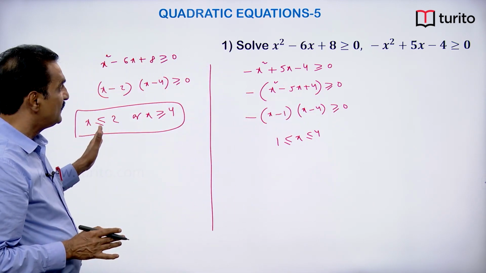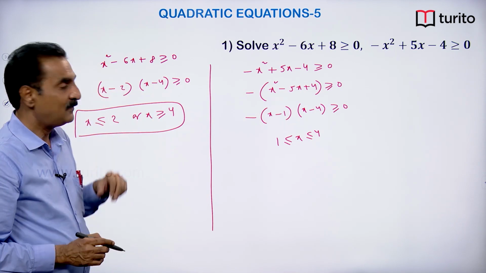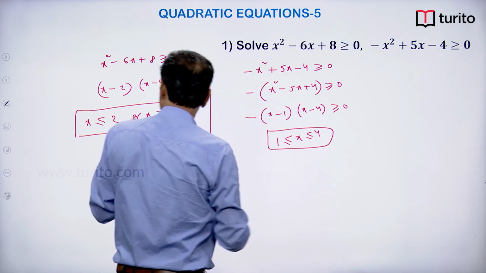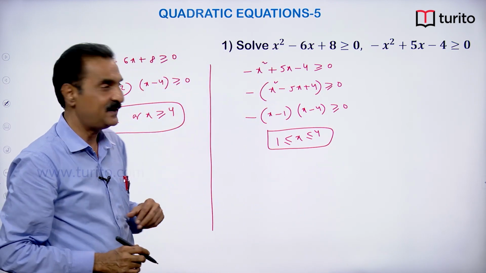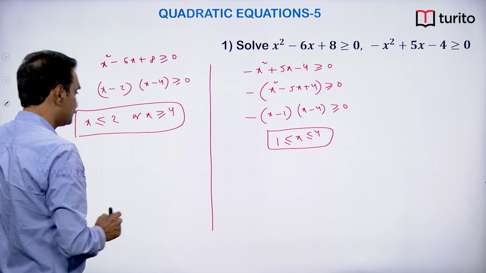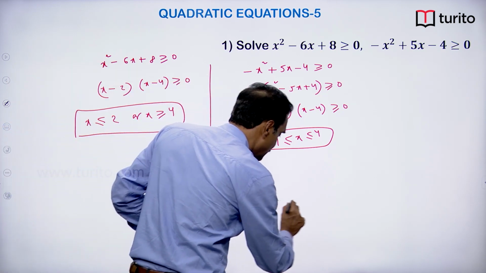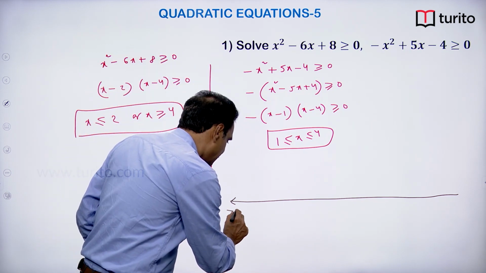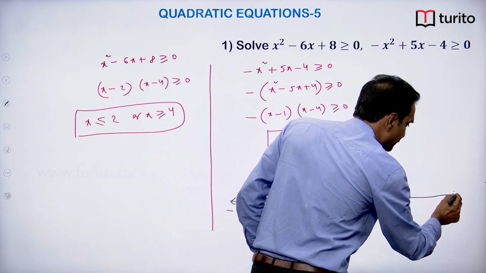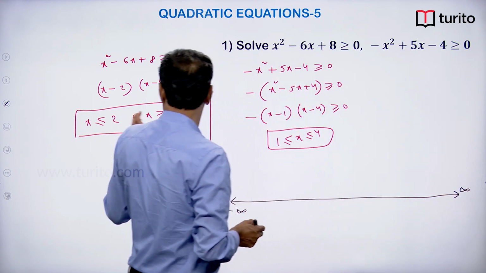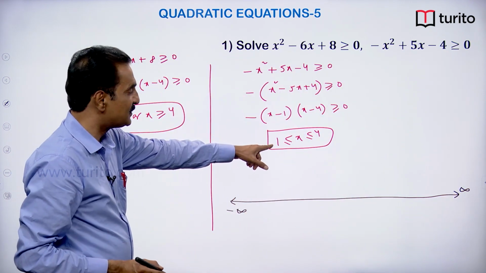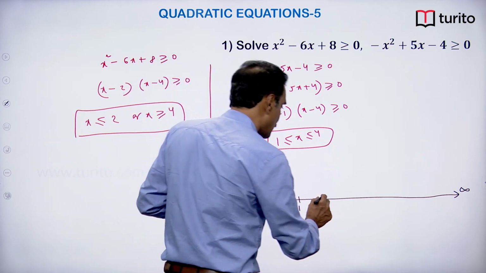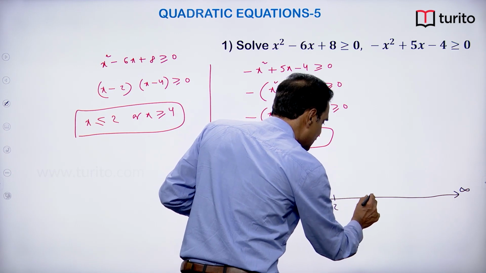Now, we want the common interval. How to get the common interval? You locate these two intervals on the real number line. Suppose this is the real number line, this is minus infinity, this is plus infinity. Where are the numbers? Smallest number is 1, next is 2, next is 4.